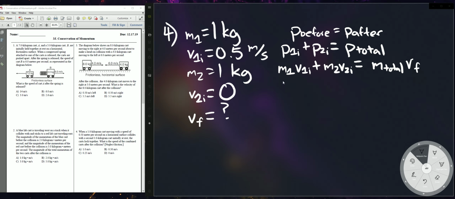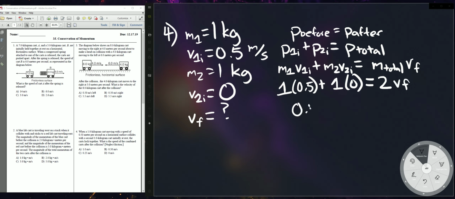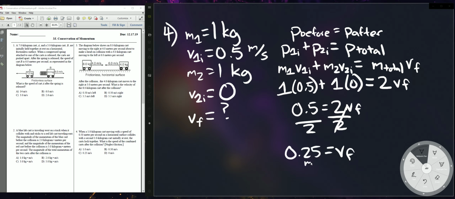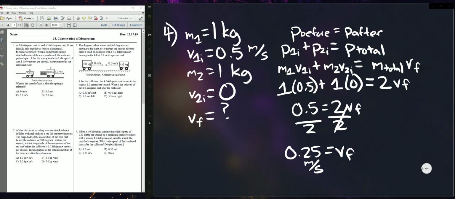So 1 times 0.5 plus m2, which is also 1, times velocity 0. Your total mass is 2. We want to find our final velocity, so 0.5 is equal to 2 vf. And so that is your speed, 0.25 meters per second. So the answer is 4.